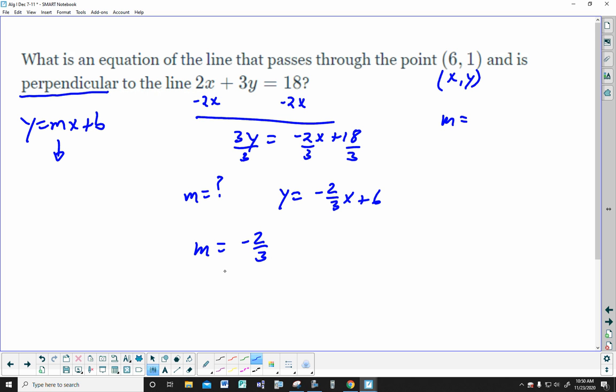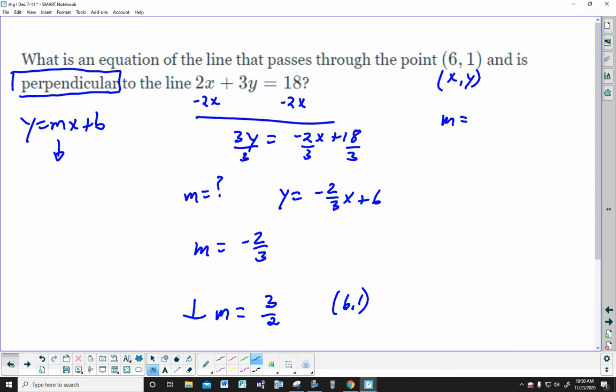That's the line you're told. Don't use it yet because you have to pull out the information that they tell you. In this case, they say it's perpendicular. So the perpendicular slope is going to be the opposite sign and the reciprocal. That's the slope that you want to use with this point 6, 1.